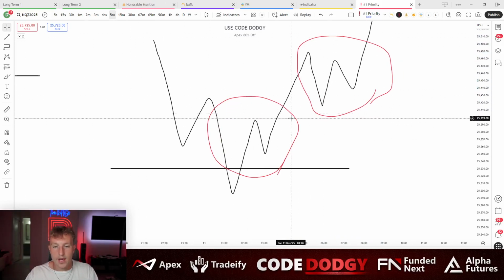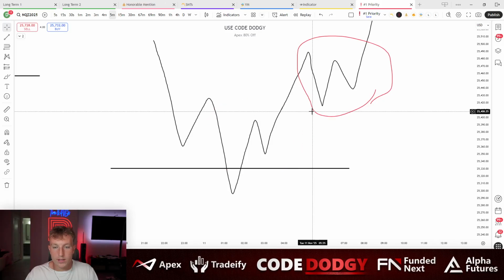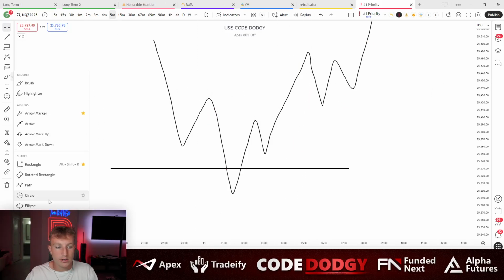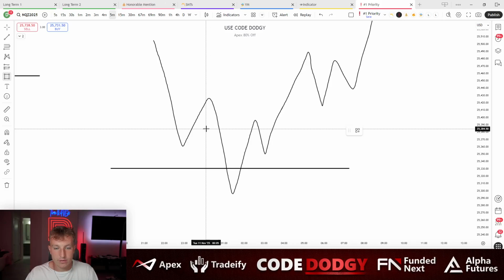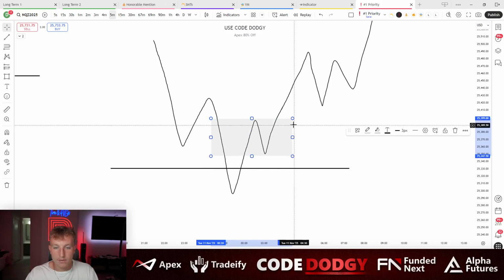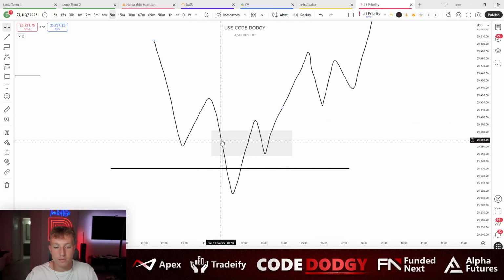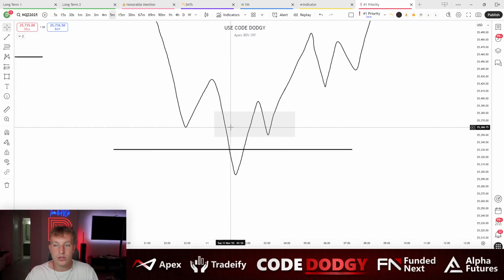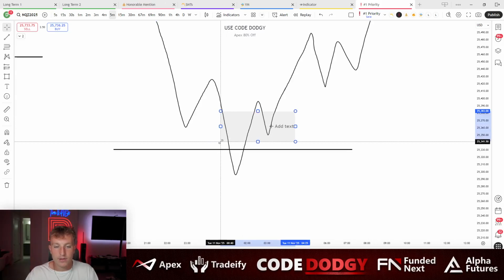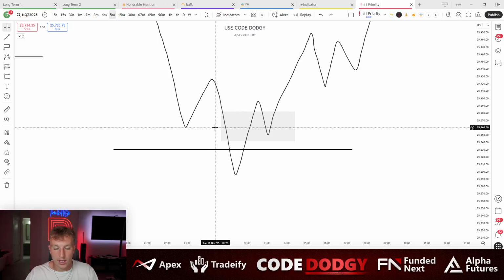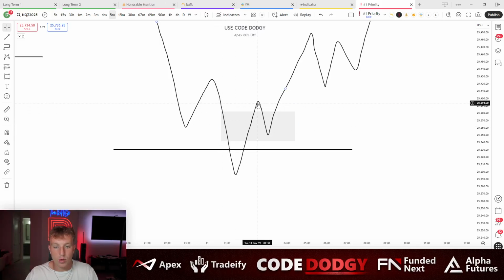So that is what I'm looking for. Now, what is the actual model to get in? Well, the actual model is going to be an inversion fair value gap. I'm looking for some sort of bearish fair value gap right here, which I'll show you in a real chart example in a second. I'm looking for some sort of bearish candlestick here, and I want this to be broken with a very high momentum candlestick to the upside.